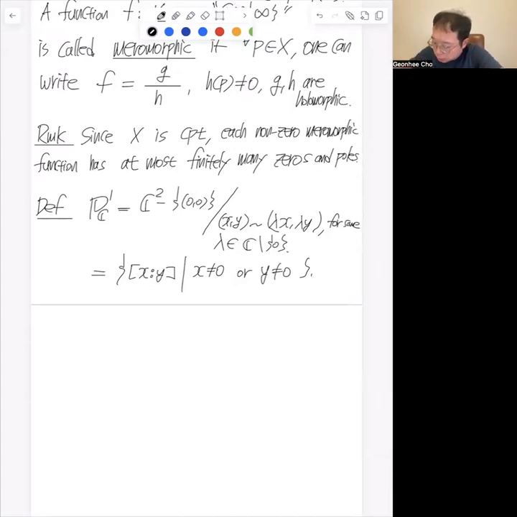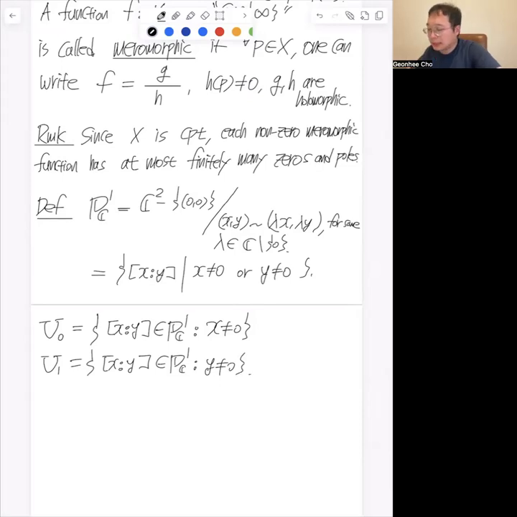So it is also reasonable to denote two so-called affine open subsets. For U0, we require for each point inside of the CP1, for example, x to be non-zero, and for U1, we require the similar condition on the second component.